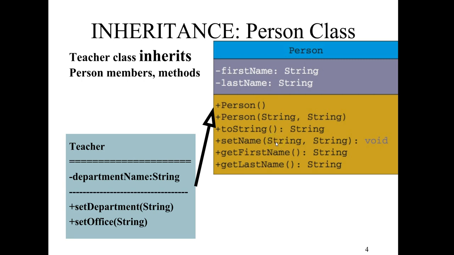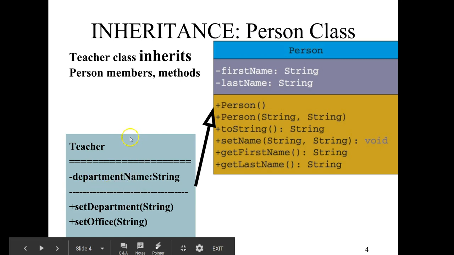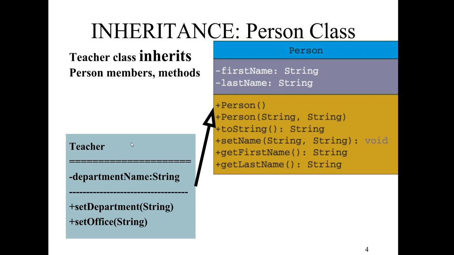And this is described in Chapter 10. I made this up as an example of a subclass of the class person. Now we've gone already knowing how to define classes and memberships and member items and methods.